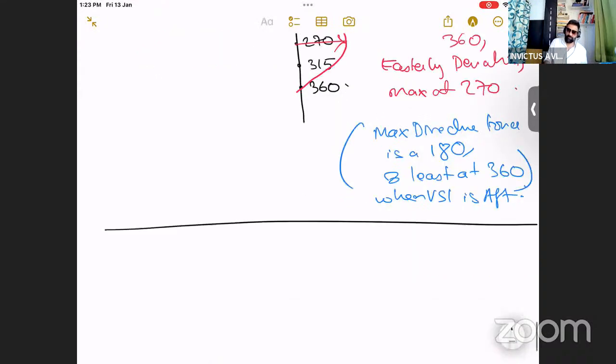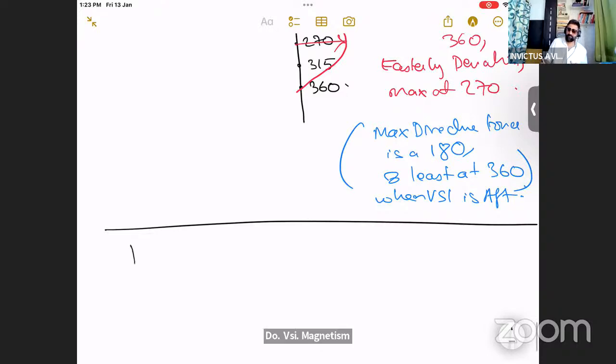Write down this point. How to fix these issues of deviation due to VSI magnetism?